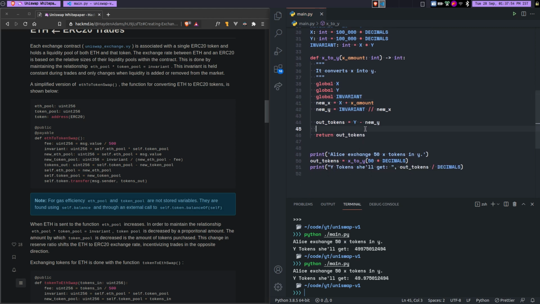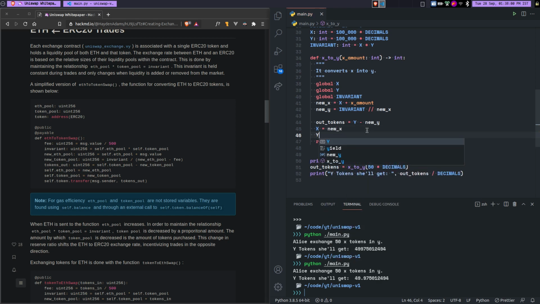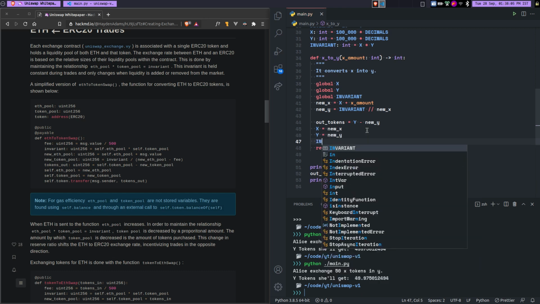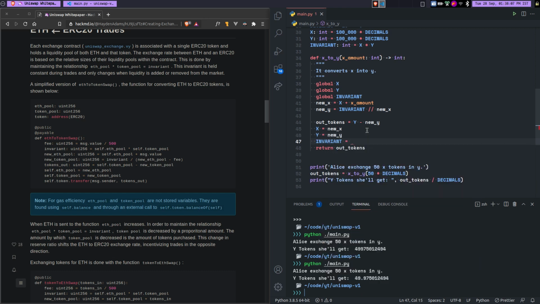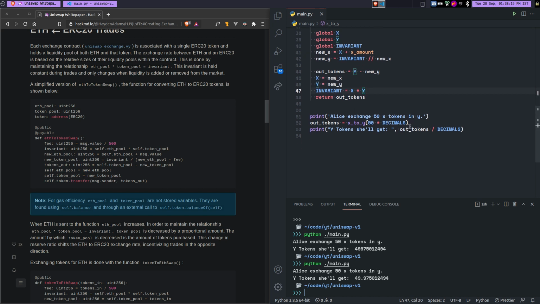So let's update them. x needs to be equal to new x. In the same sense, y needs to be equal to new y. And in the same way, invariant needs to be equal to x multiplied by y, because basically new x into new y. Cool. So this is how it works.